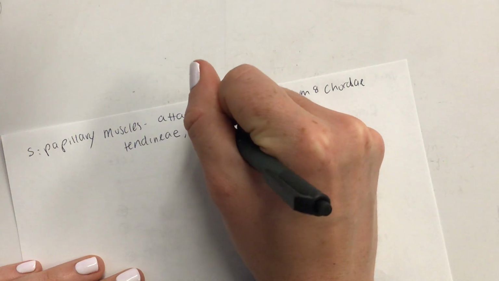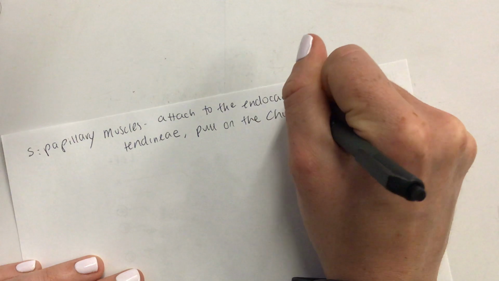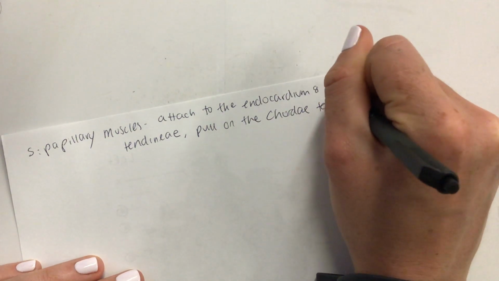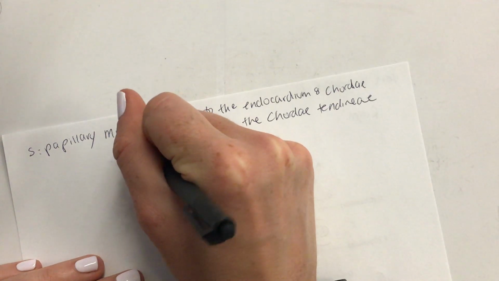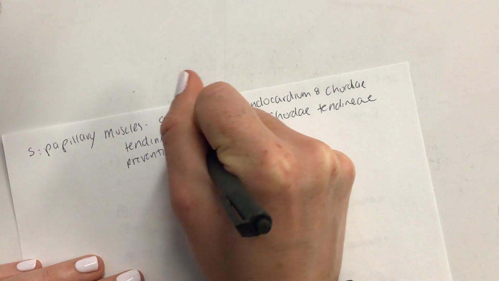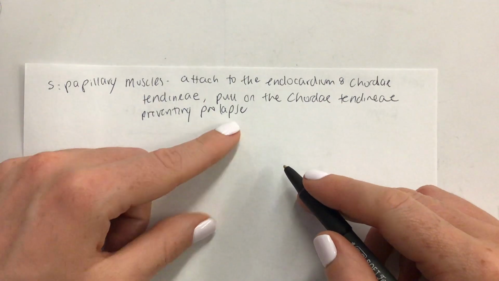And they pull on the chordae tendineae, preventing prolapse, which means preventing the backflow of blood into the atrium.